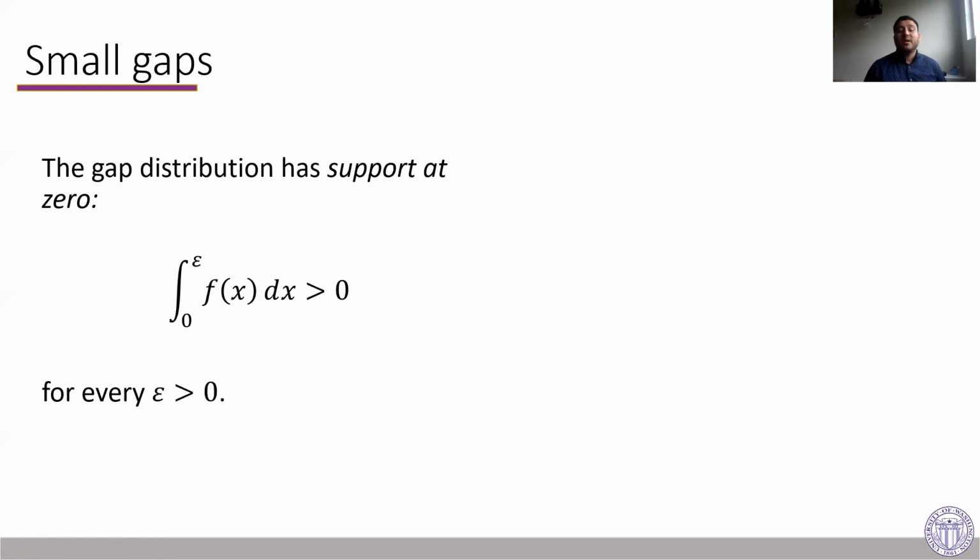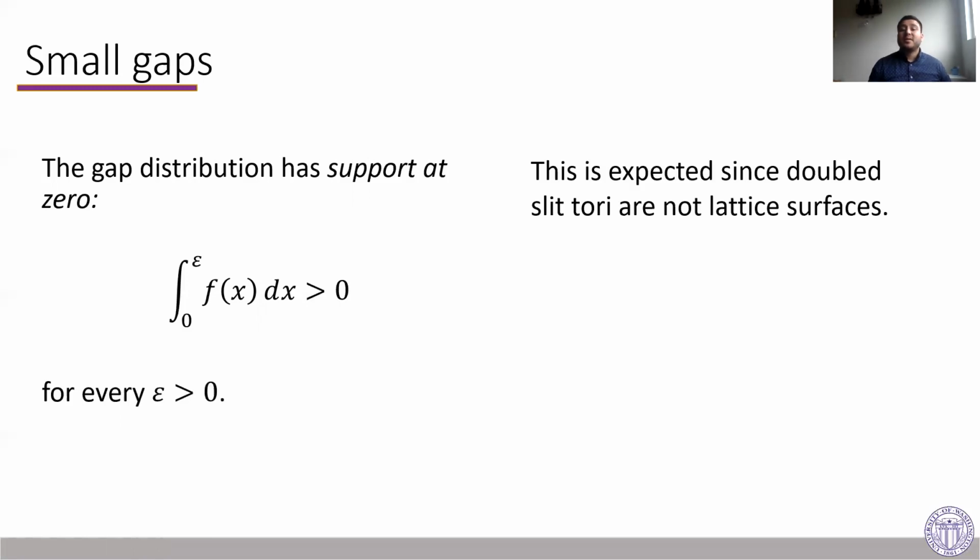Now I should say that this is somewhat expected, since double slit tori are not lattice surfaces. By a theorem, there's a characterization that says you have support at 0 if and only if you're not a lattice surface. And the generic double slit torus is not a lattice surface. So generically, we're going to have support at 0.